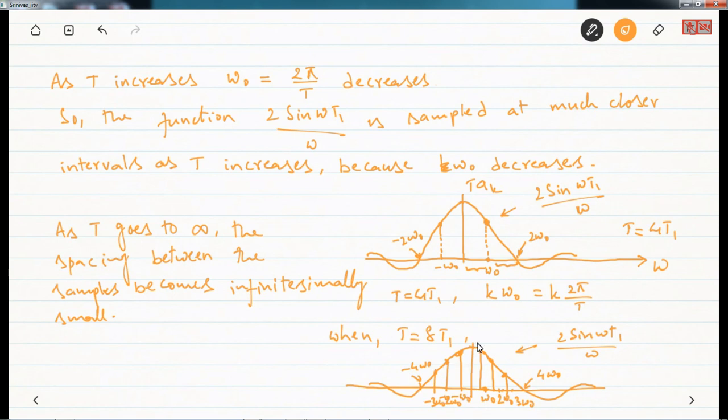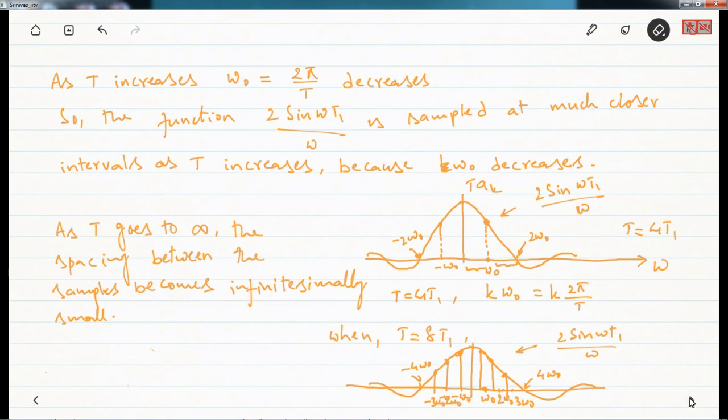And your summation becomes an integral. So previously your Fourier series consisted of samples something like this. These are the samples of your Fourier series. Now as t becomes infinity, they... okay, so I have drawn a different function.